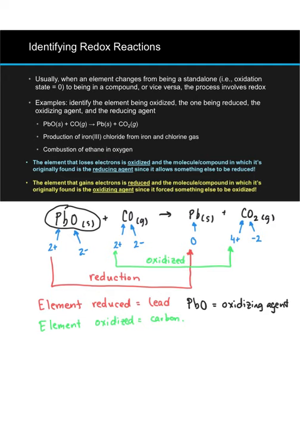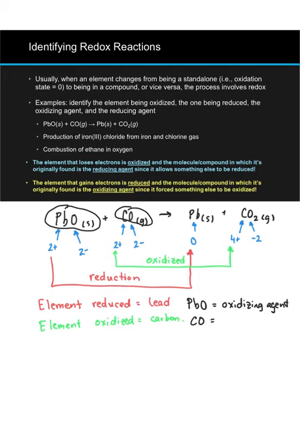By virtue of lead in PbO gaining electrons, this substance allows another to be oxidized. And in a similar vein, the substance that contains the element being oxidized we'll call our reducing agent. Carbon monoxide contains the carbon that is oxidized over the course of this chemical transformation.